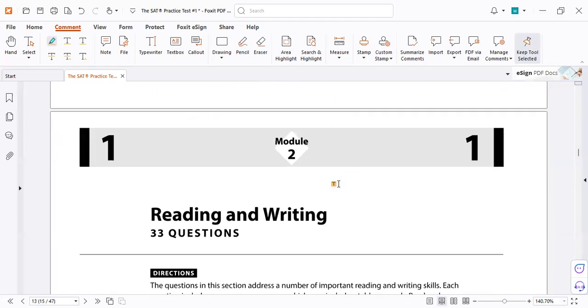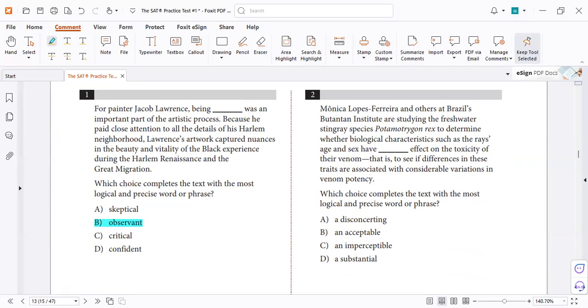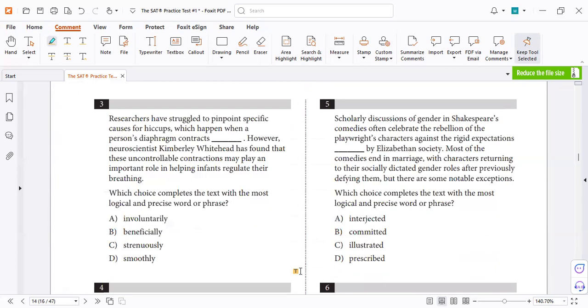Now we go to the next module. Did you answer it? Yep. B. That is brilliant. Number 2. D. That's delicious. Number 3. A. Letter A, that is fantastic.